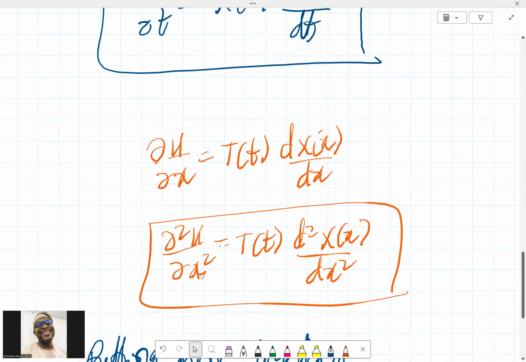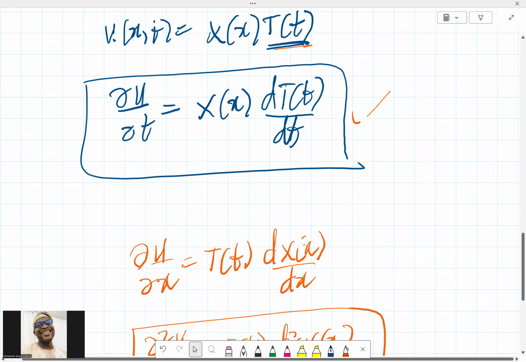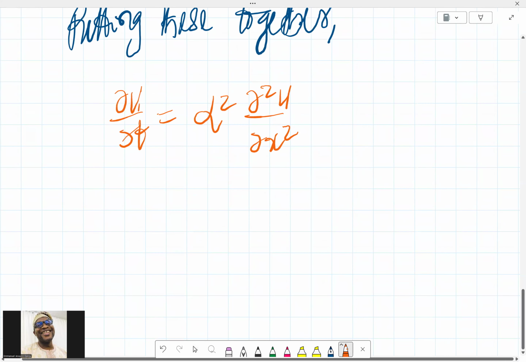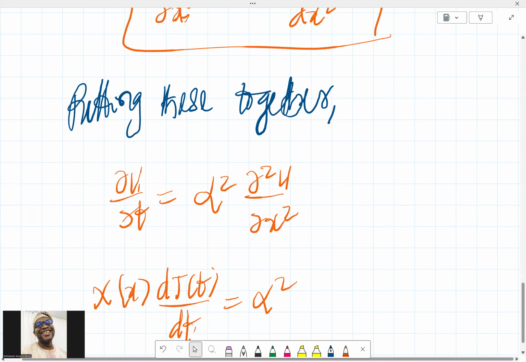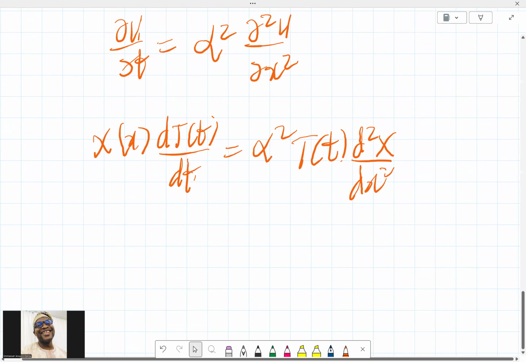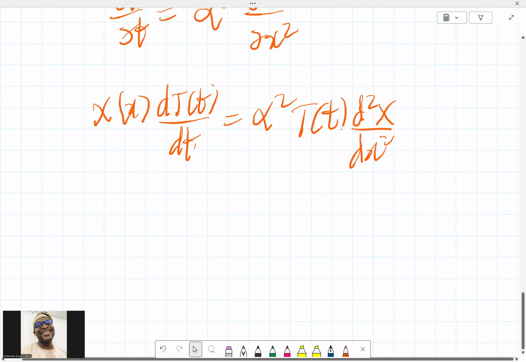So partial u partial t is X of x dT of t dt, and alpha squared partial squared u partial x squared is alpha squared multiplied by T of t, then d squared X over dx squared.